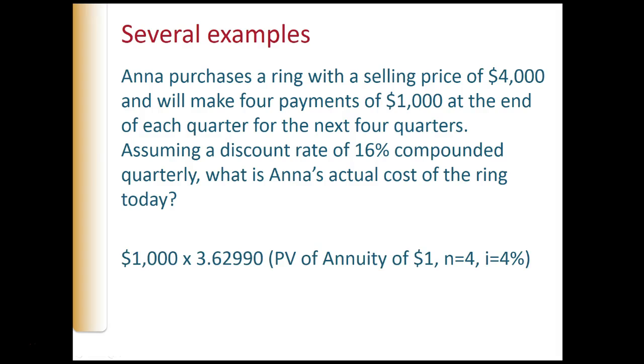So we're going to go to Table 4, the present value of an annuity, where the number of periods is 4. The interest is 4% because this is going to be made each quarter. So we find the factor on Table 4 of 3.62990. That amount would be $3,630.